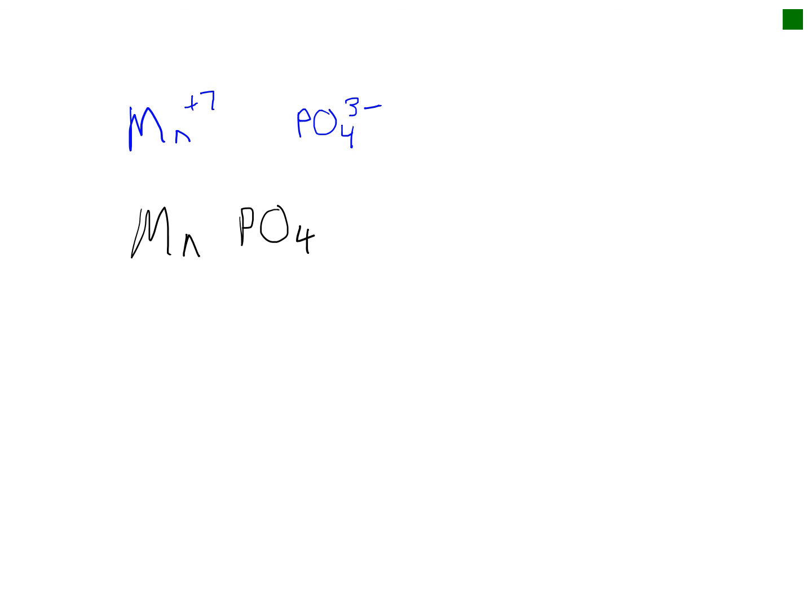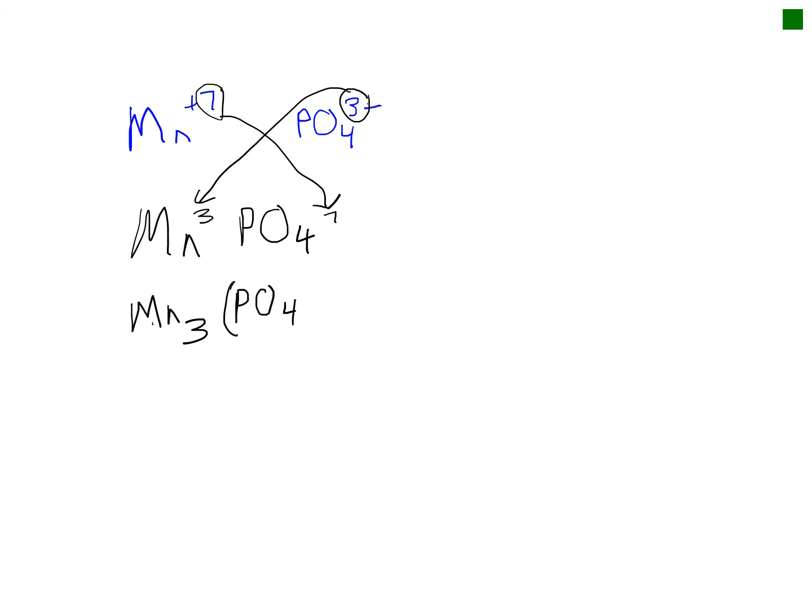And then if we take our switch and we take the 3 and switch it down over to here, and then we take our 7, switch it over to here. So what we're going to find is if we do the drop, we'd end up with Mn with the 3, and then the PO4 here. So remember, we have multiples, we've got to do parentheses, and then 7.